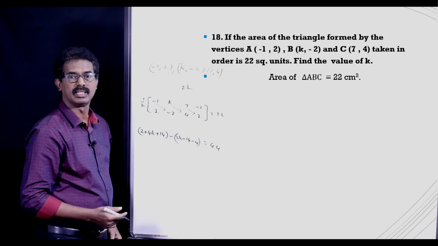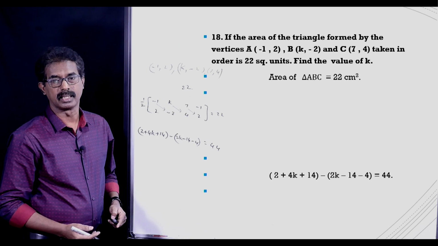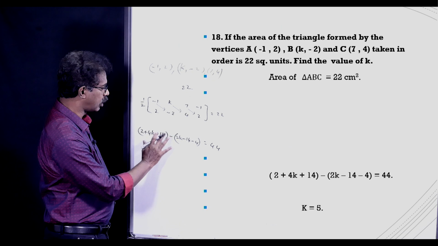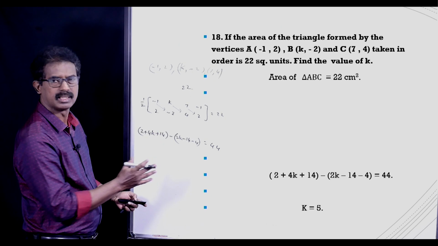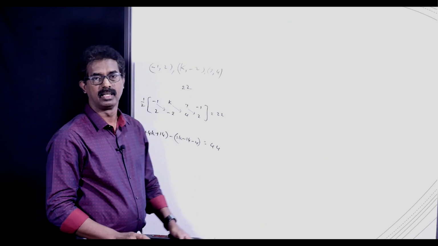Now you can simplify this and you can find the value of K. You will be getting the K value as 5. Hope you know how to do the simplification. Addition, subtraction, but you do very carefully. You will get K value is equal to 5.